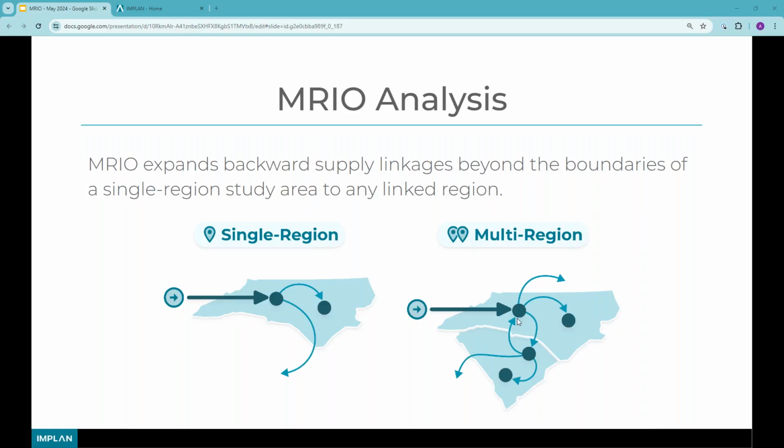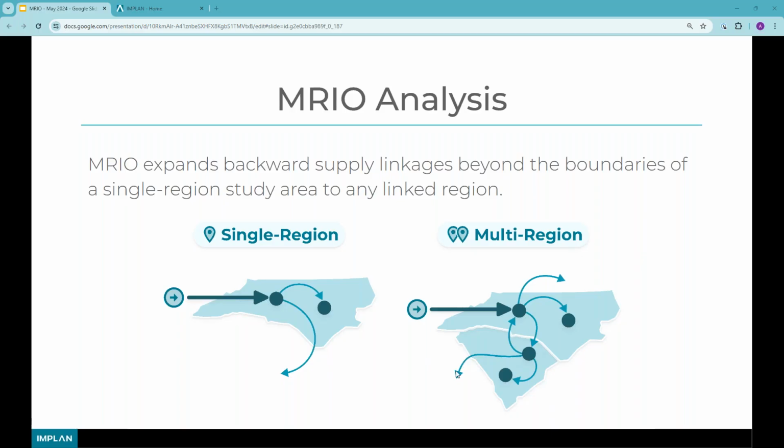So now if any of those purchases or any of those commuters happen to live in South Carolina, we are going to capture the effect of that spending and that production here in the state of North Carolina. Through this linkage, though, we might also have some returning back to the original state that we were looking at, North Carolina.